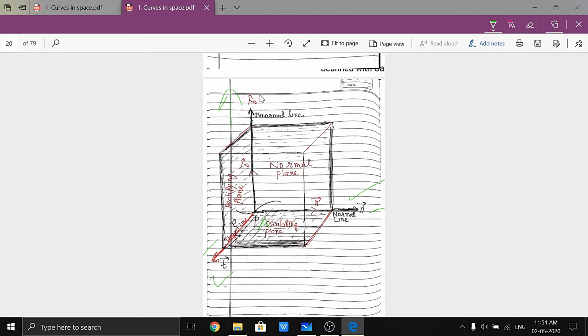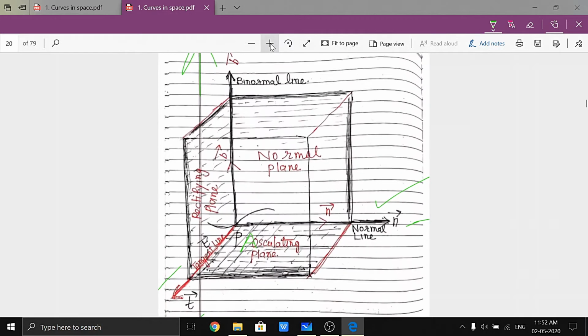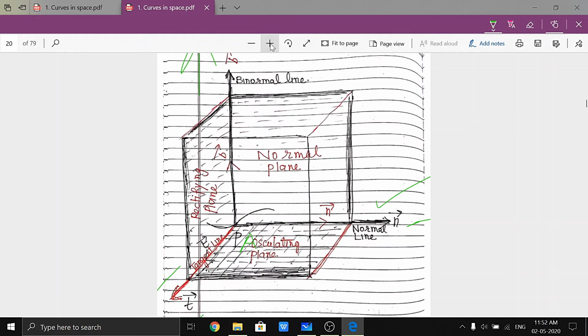Clear? So first remember, when you are sitting in the room, these are the directions. So visualize the directions T, N and B. T is your left hand side, N is in front of you, and binormal is perpendicular to this base. Clear? So these are the directions T, N and B.